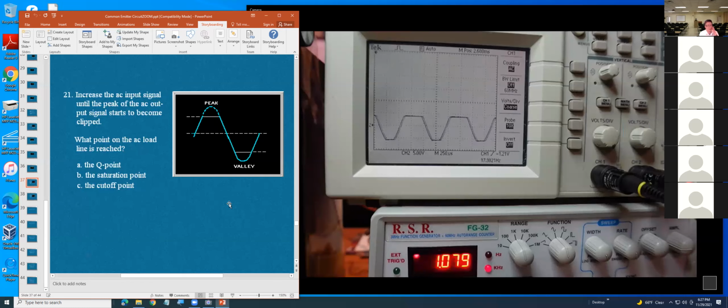So in here, they can ask you what point on the AC load line is reached. Okay. So basically it reached the maximum, and I believe the answer will be the cutoff point.